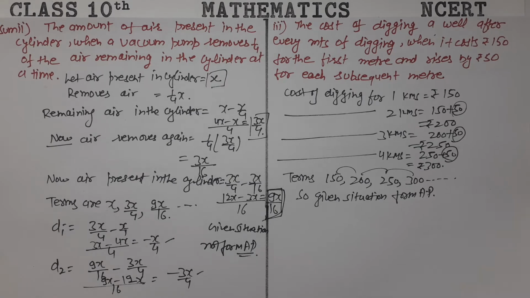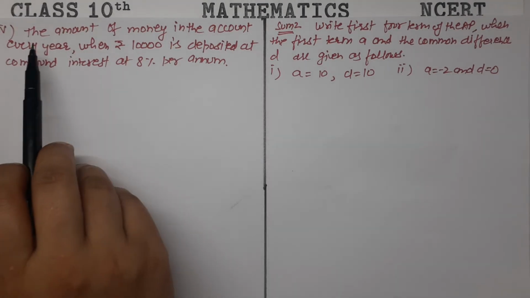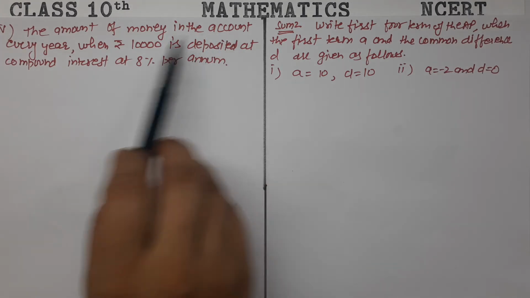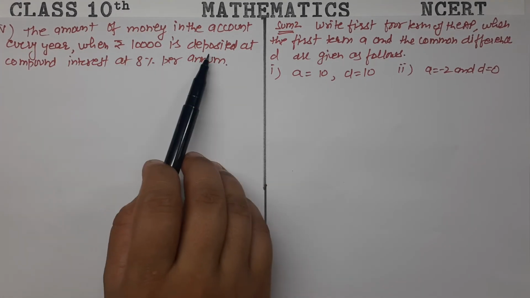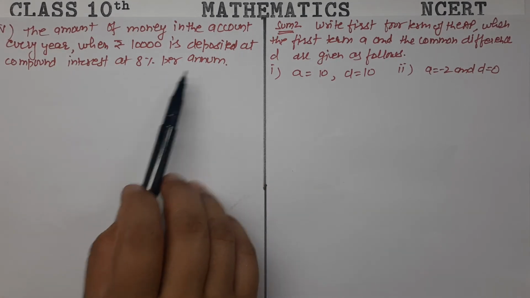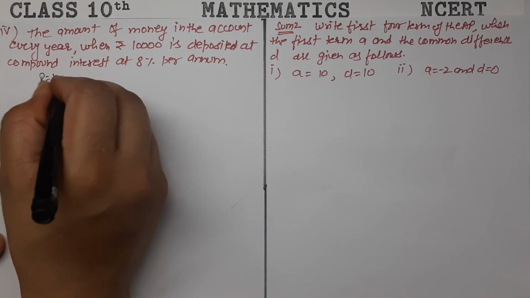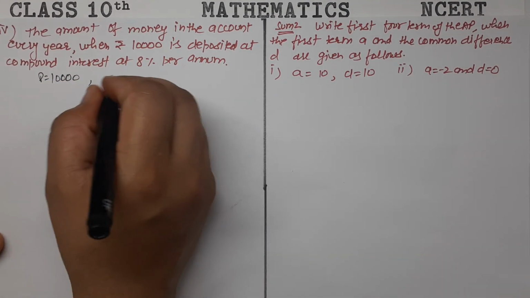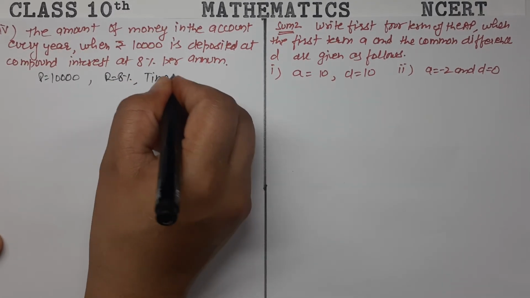Now we come to the next part, fourth. The amount of money in the account every year when rupees 10,000 is deposited at compound interest at 8% per annum. Principal 10,000, rate 8%, time 1 year.